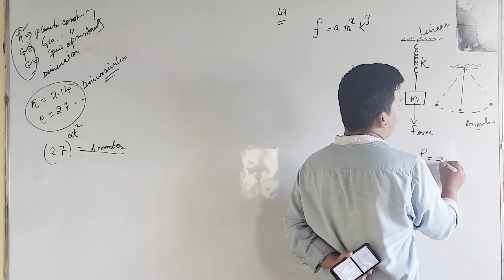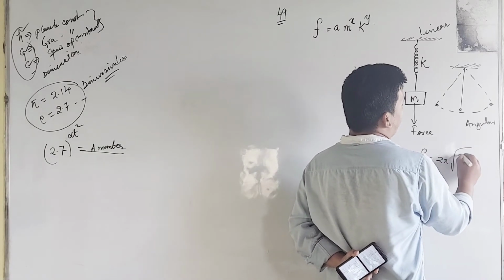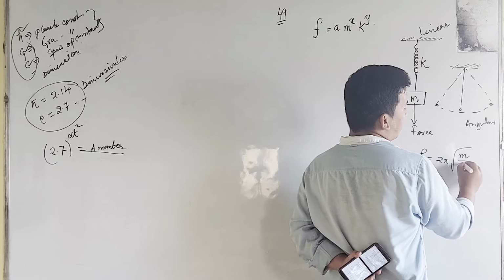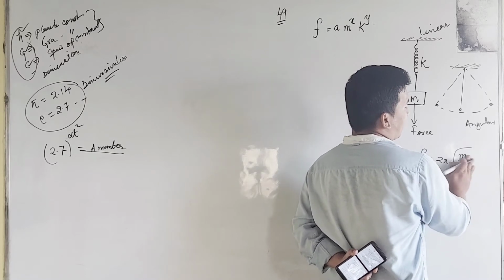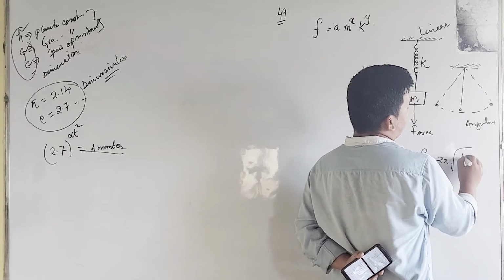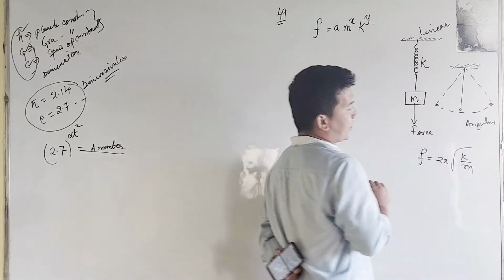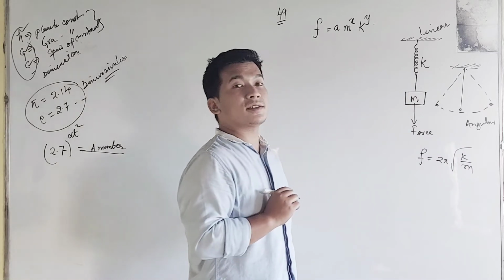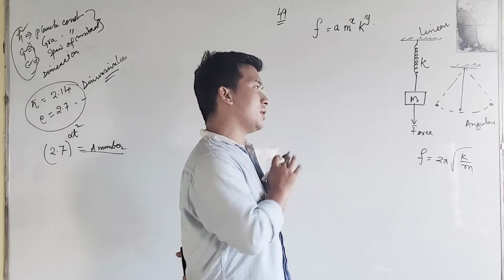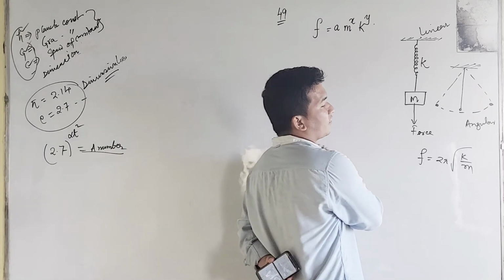Frequency equals 1 by 2 pi root of k divided by m. Sometimes you get confused whether it is m divided by k or k divided by m. Anyway, we can check this out. Is it correct or wrong? See, we can find this out.